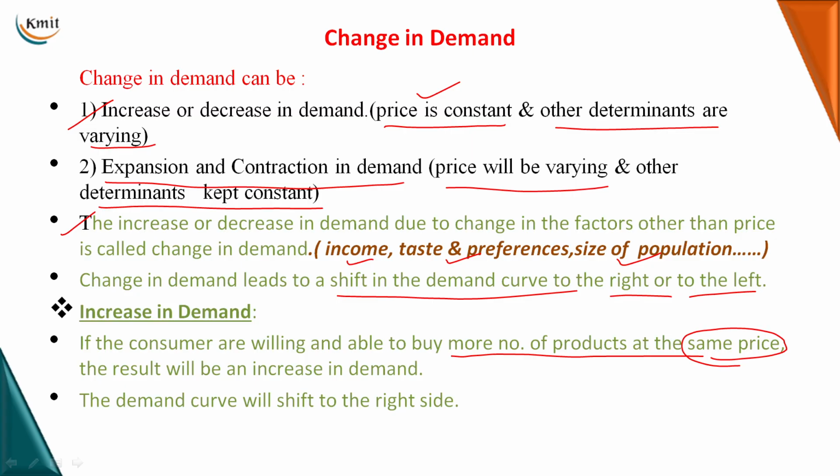The result will be an increase in the demand. The demand curve will shift to its right side. When at the same price there is more quantity of goods and services consumed, that gives rise to a shift in the demand curve to the right. That is nothing but an increase in the demand.